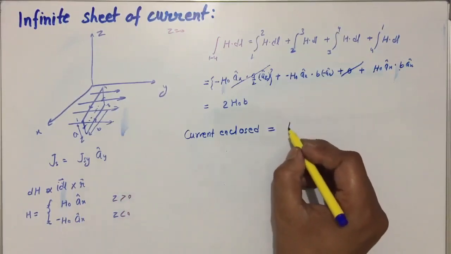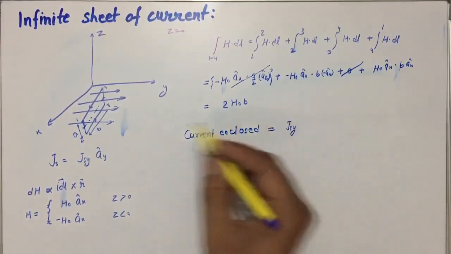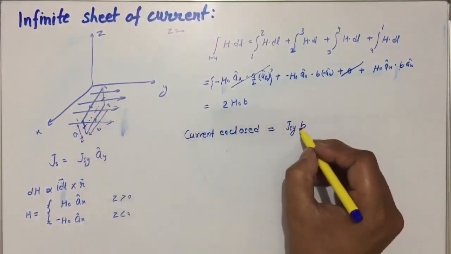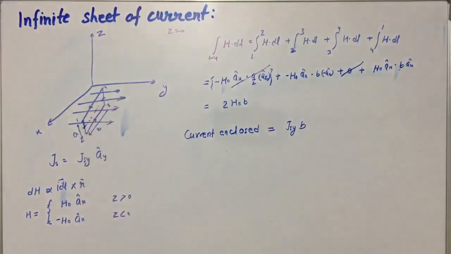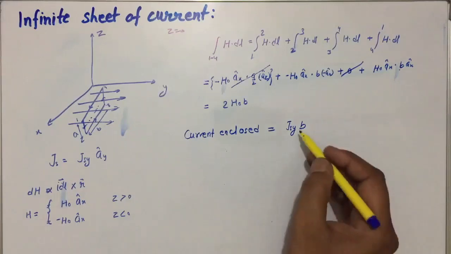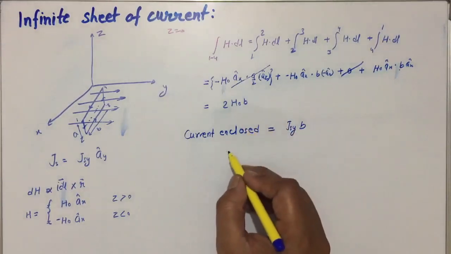So we can say J is y and this length is b. So this will be current enclosed by this Amperian path, and this should be equal to this.